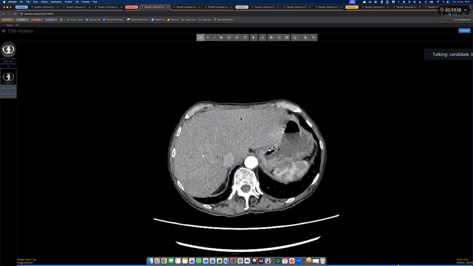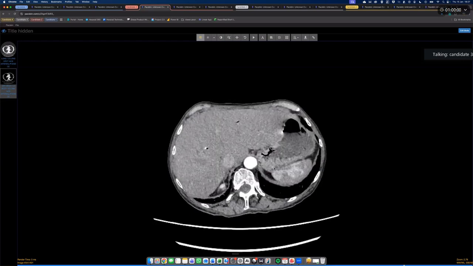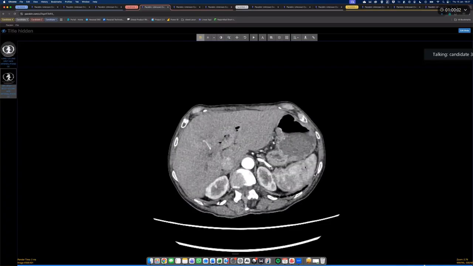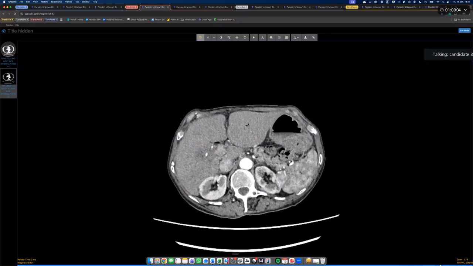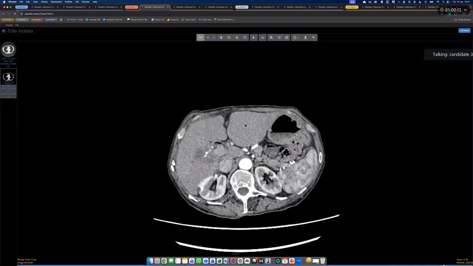Most probably the gallbladder is post-operative. On these images, I can also see an heterogeneously enhancing area in the region of the common hepatic duct here.